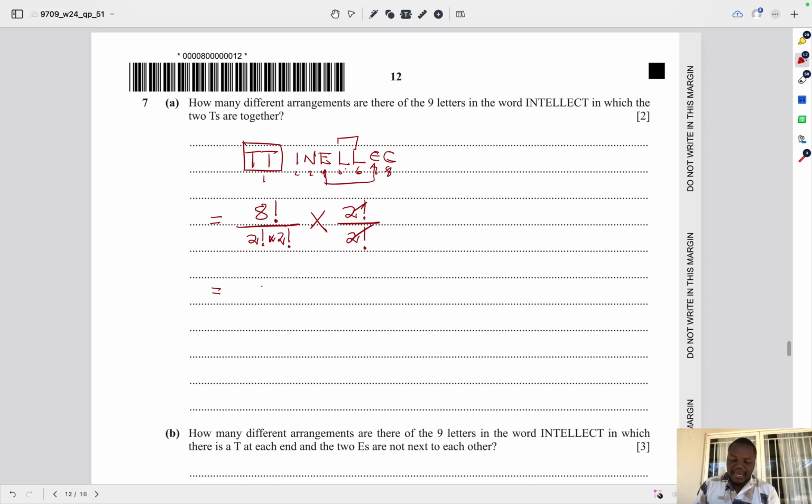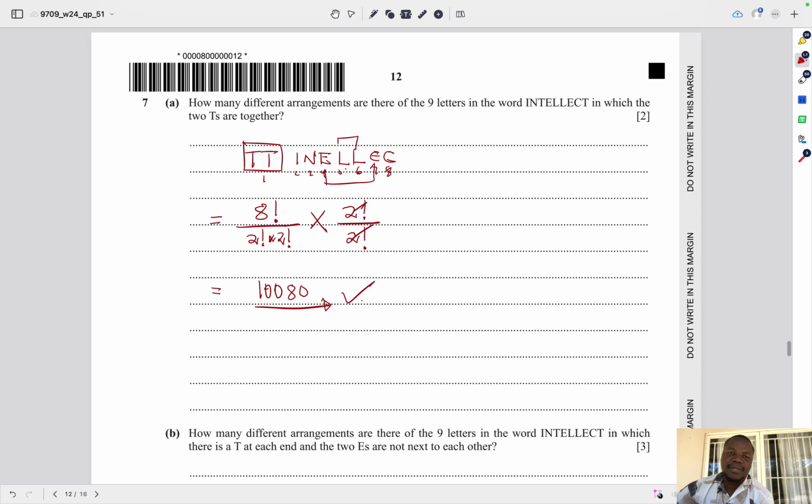So this gives us the answer of 10,080 ways. So this is the answer. So there is 10,080 ways of arranging the 9 letters in the word intellect in which the 2 T's are together.